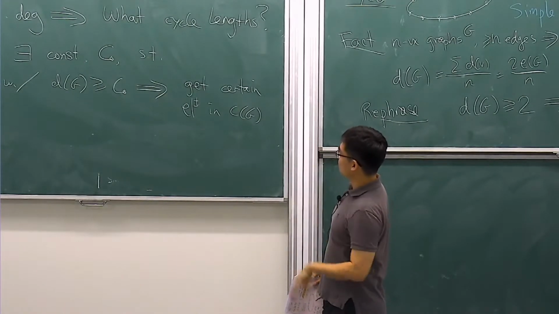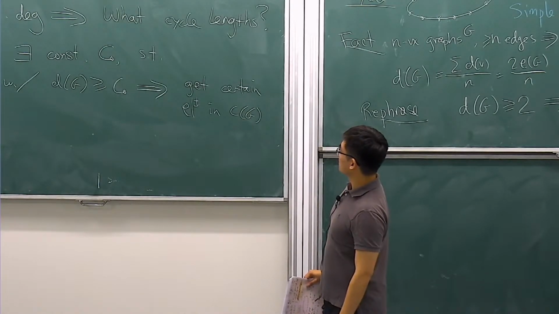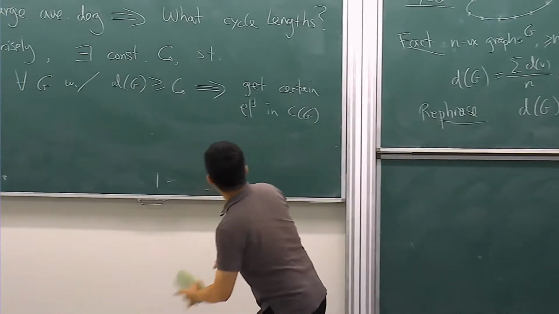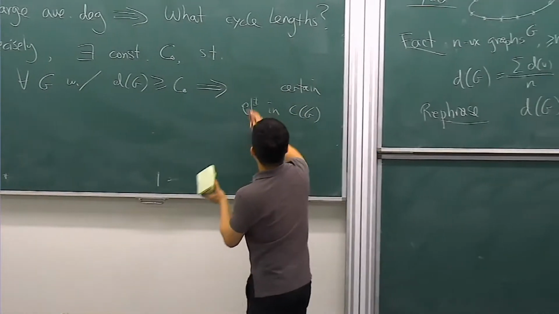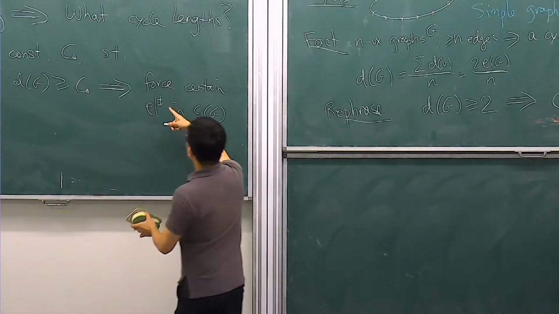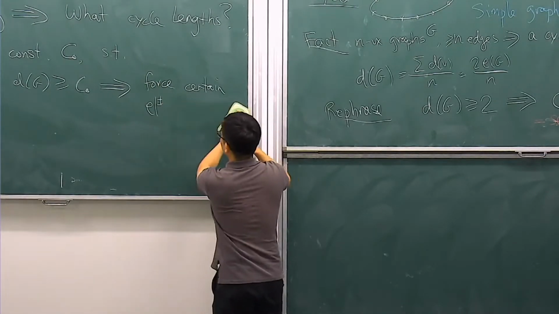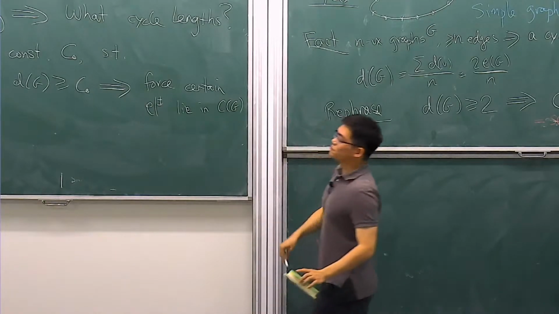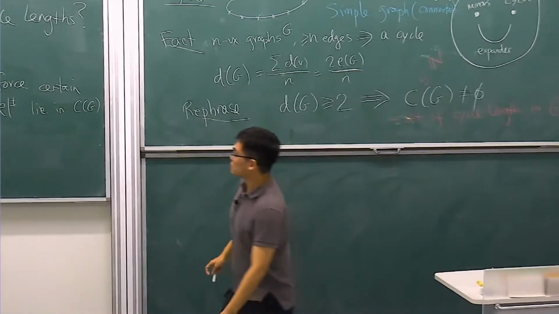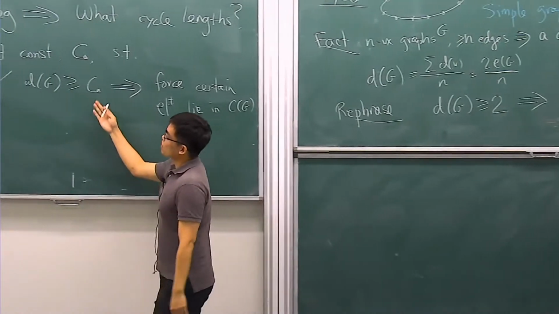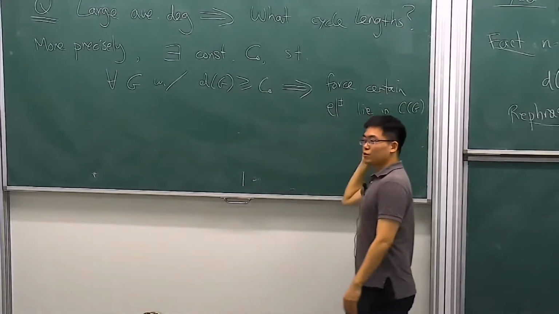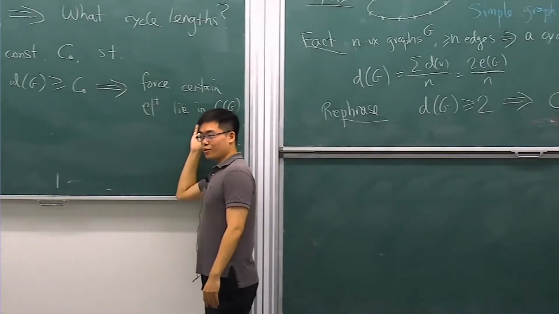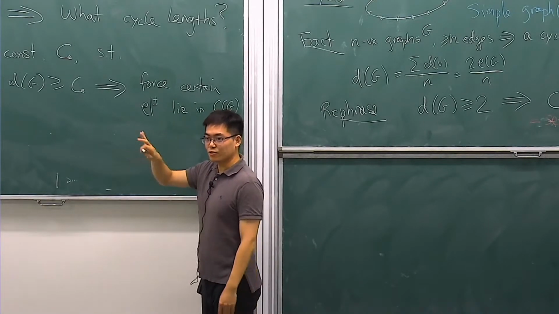C of G is always the set of cycle lengths. Maybe more precisely, force a certain number to lie in C of G. Okay, in that sense. In other words, when you have sufficiently large average degree, we must have this length as a cycle length. Yeah, you can find the cycle in your graph.